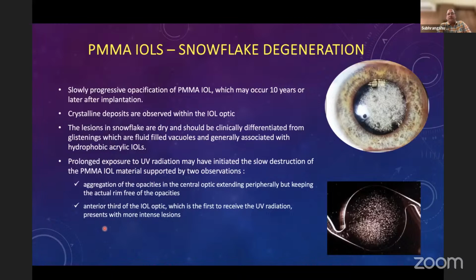Lesions in the snowflake are dry and they should be clinically differentiated from glistenings, which are fluid-filled vacuoles and generally associated with the hydrophobic acrylic IOLs. Now, it is postulated that prolonged exposure to UV irradiation may have initiated the slow destruction of PMMA IOL material, leading to these snowflake degenerations. So there are two observations which support this.